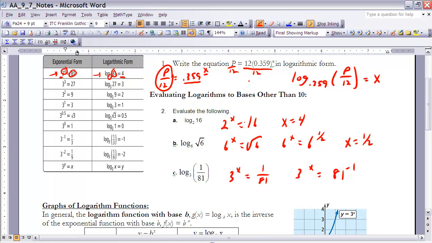Now, 81 is the same as 3 to the 4th power. Therefore, 3 to the x is equal to 3 to the 4th raised to the negative 1st, so 3 to the x is equal to 3 to the negative fourth. Therefore x is equal to negative 4.